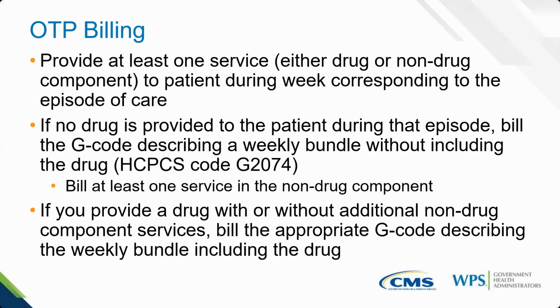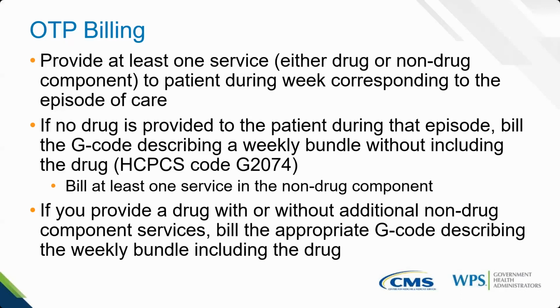More information on the specific codes for OTPs can be found in the Internet-only manual, publication 100-02, Medicare Benefit Policy Manual, Chapter 17, as well as some more information regarding add-on codes.